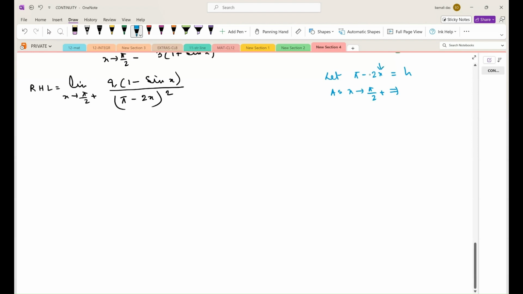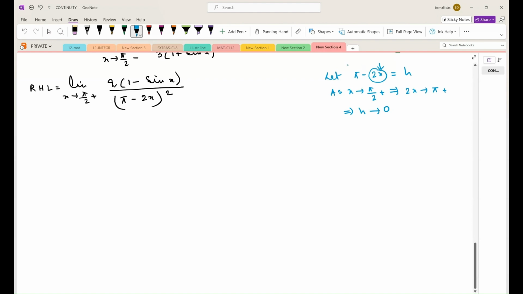That means 2x is approaching 2 into pi by 2, that is pi. It is approaching pi from the right. That means h approaches pi minus pi, so h approaches 0.